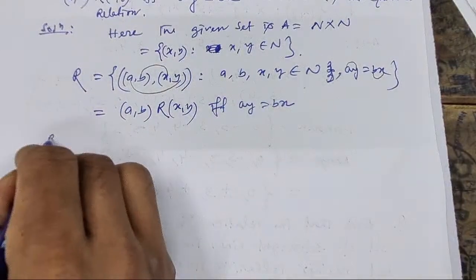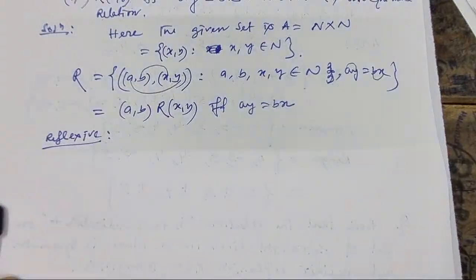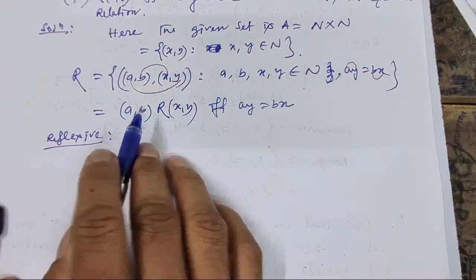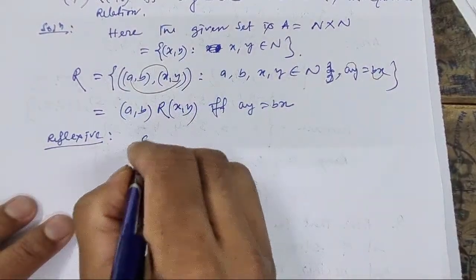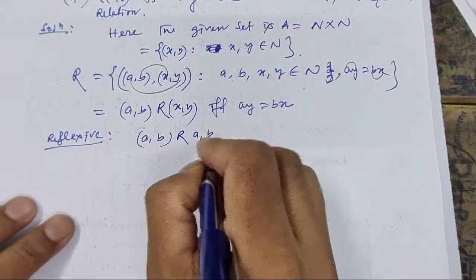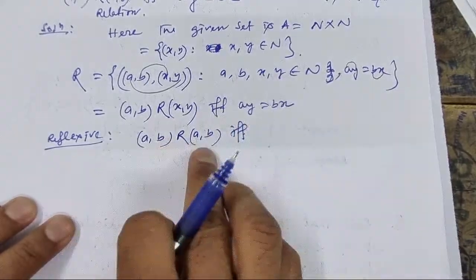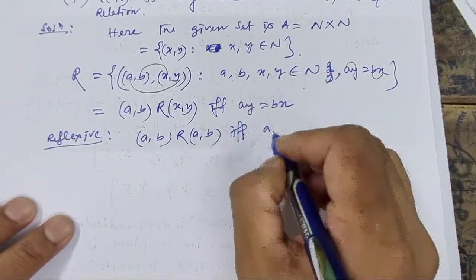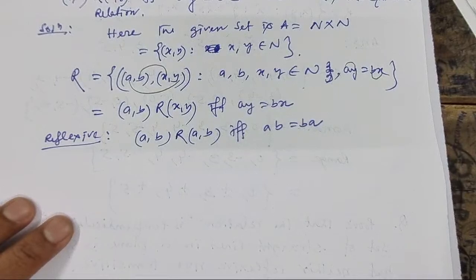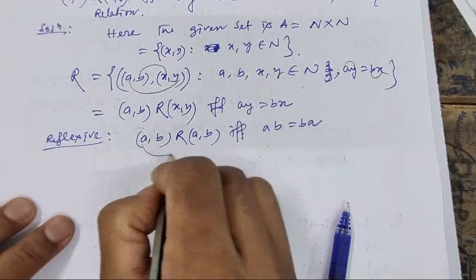First we'll check for reflexive. In case of reflexive, we have to take both the same. Here (a, b) R (a, b), it can happen that a times b equals b times a. But is it possible? Yes, it's possible.